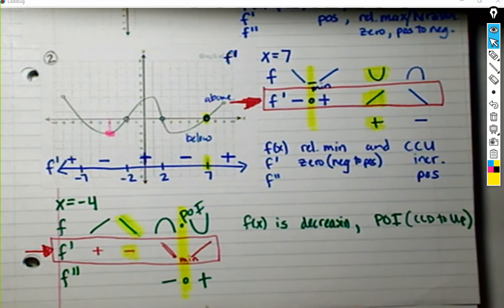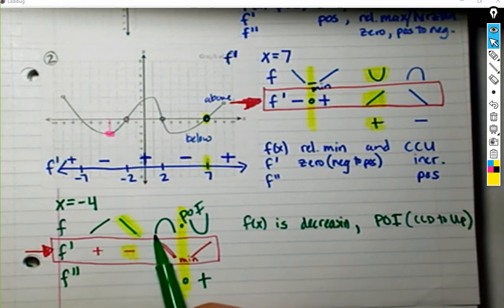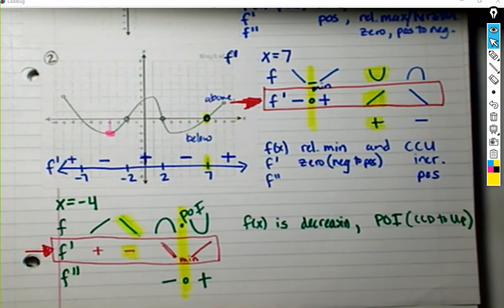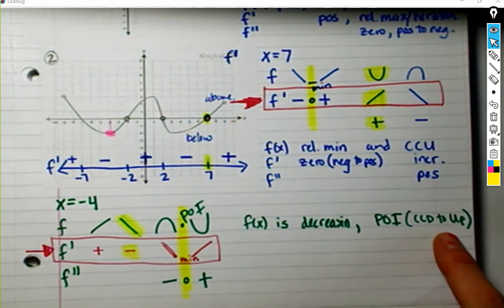Right? How do I know that? Because I put my chart in the right order. I saw the minimum, which is down and then up, right? I had to switch those last two columns. That's how I know it went concave down to up.